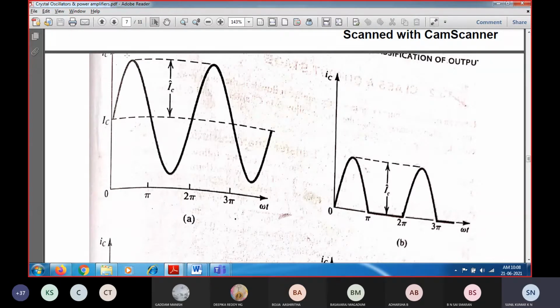Based upon that, you can say that the Class A amplifier operates with a complete 360 degrees. Okay, so next comes the classification of the Class B amplifier.